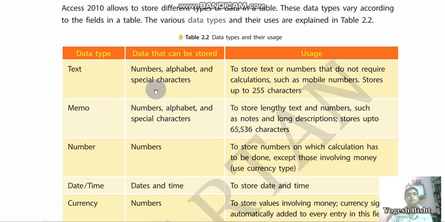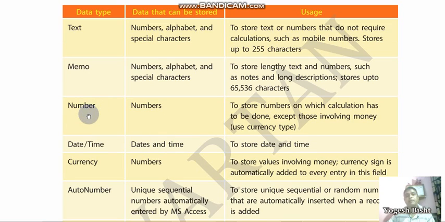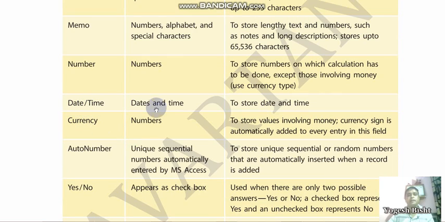First is text. It contains numbers, alphabets, and special characters, whereas memo is also used for numbers, alphabets, and special characters. Number data types are exclusively for numbers, like phone numbers, contact numbers or any code for any data. Then date and time for mentioning any date and time.